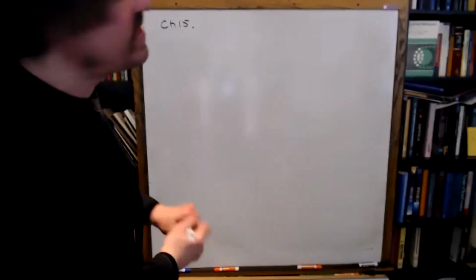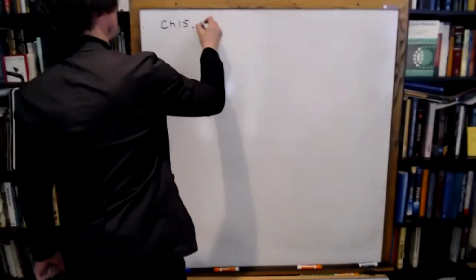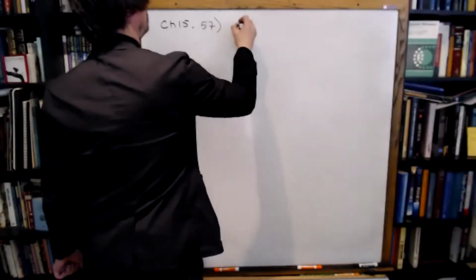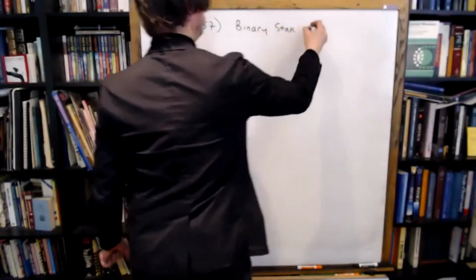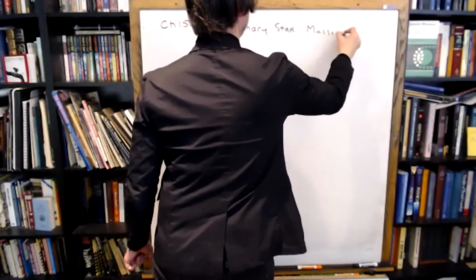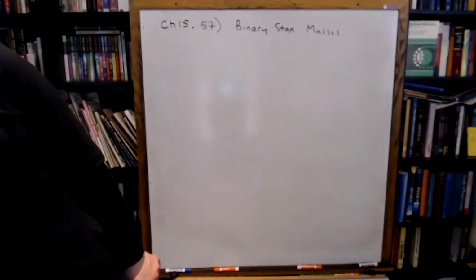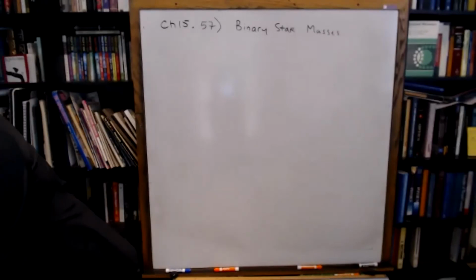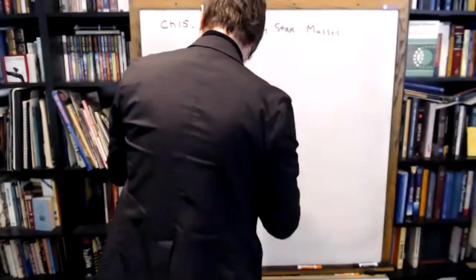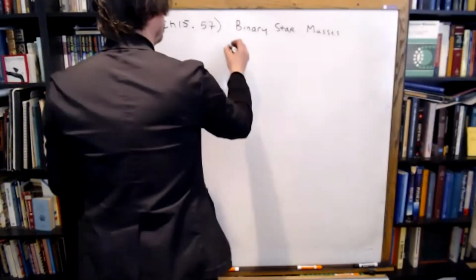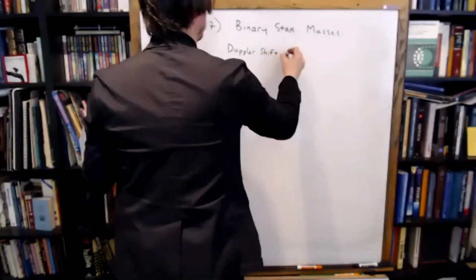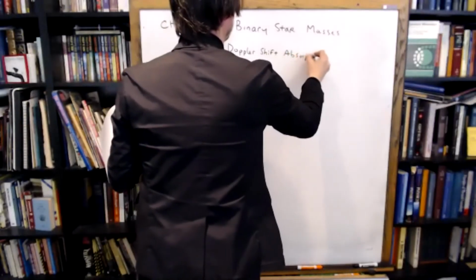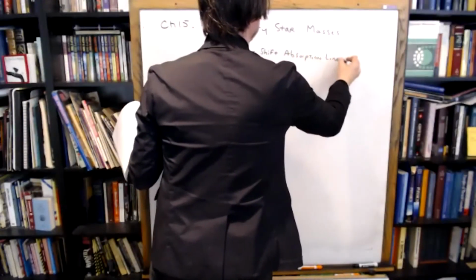Okay, last problem is number 57. We're going to calculate a binary star mass. Or should I say masses? How many parts are there to this problem? The spectral lines of two stars, so the Doppler shift of two stars, we have a Doppler shift measured for absorption lines in stars.